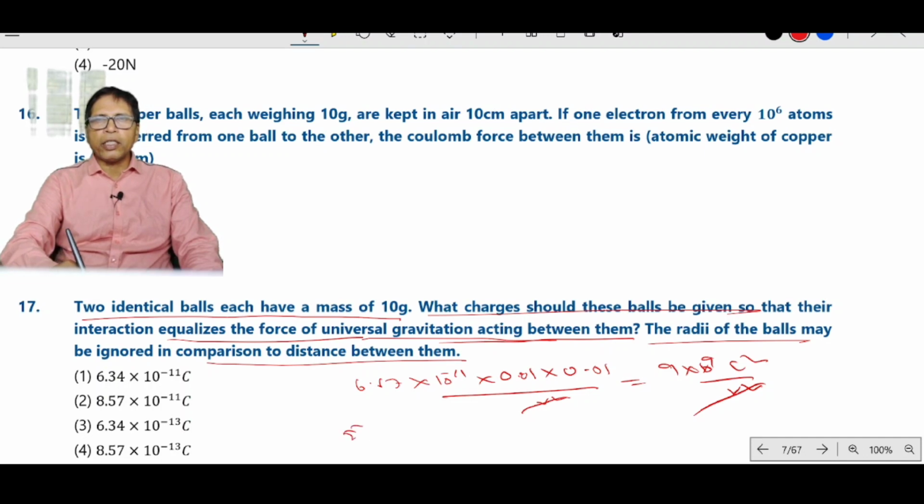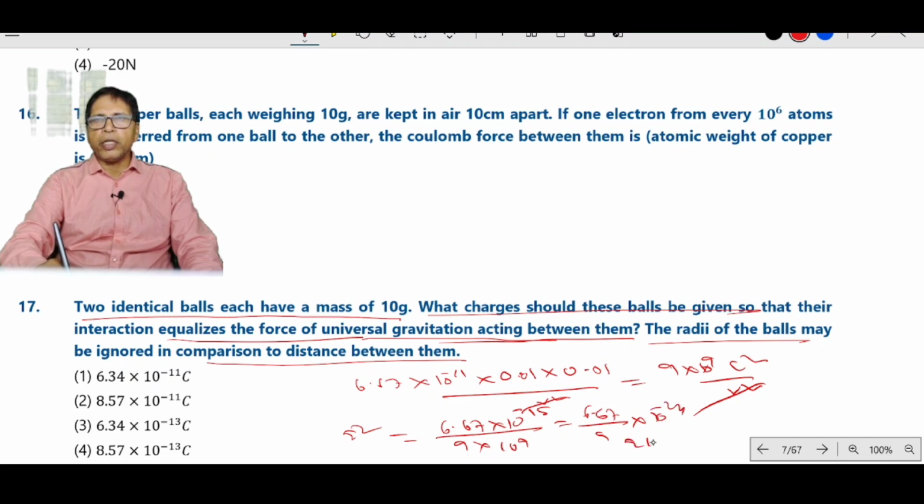So q square equals 6.67 into 10 to the power minus 15, divided by 9 into 10 to the power 9. So this is 6.67 by 9 into 10 to the power minus 24.